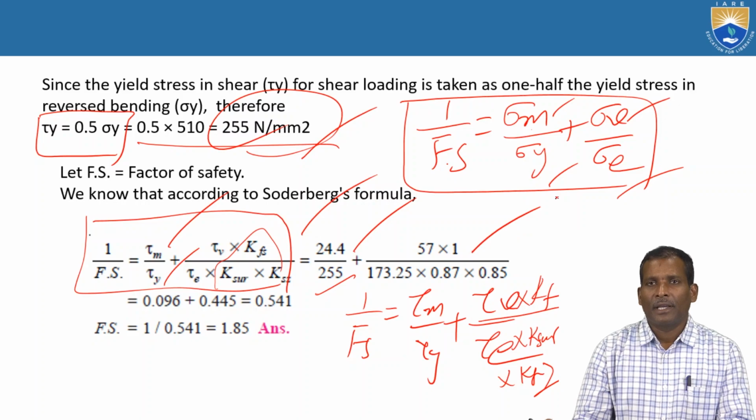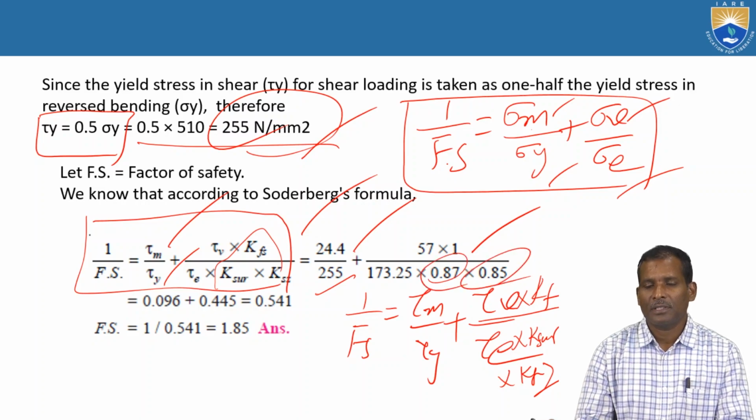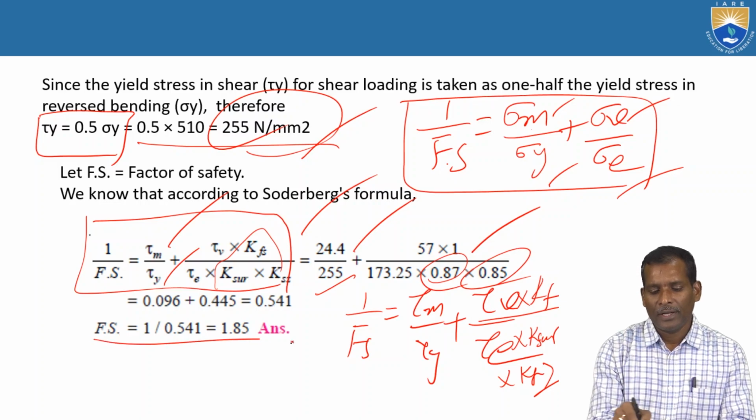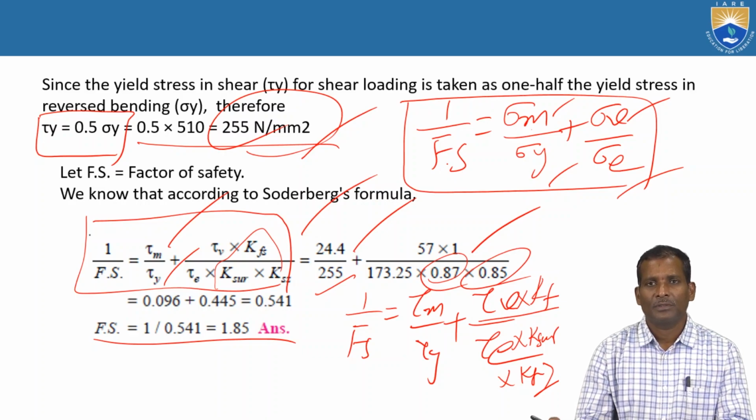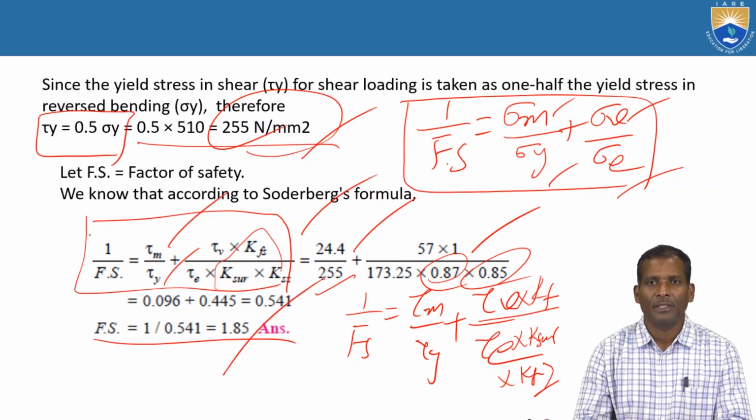And here we take the fatigue stress concentration factor 1, with the surface finish factor and size factor. Finally, what has been asked is the factor of safety. We don't know the factor of safety, so calculate it. You will get 1.85.